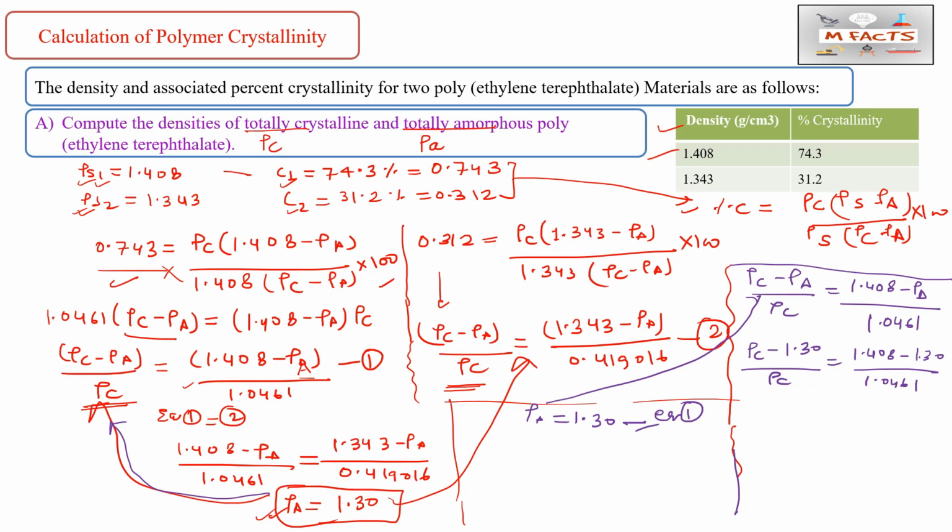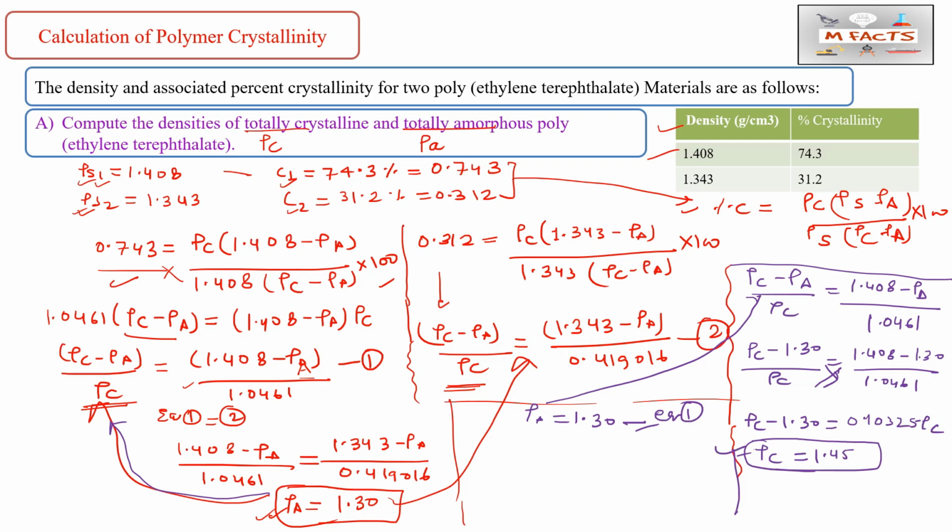From here we will do the cross multiplication and we will get rho C value, that will be rho C minus 1.30, and this will come like that, 0.13025 rho C, and this rho C will come like that, 1.54145 value. So this is how we calculated rho A and rho C.